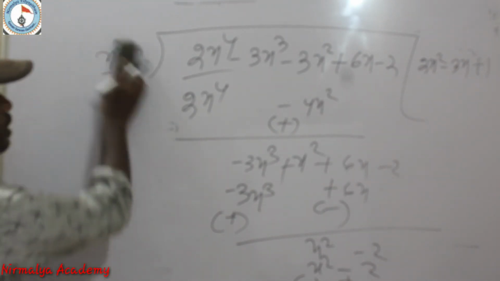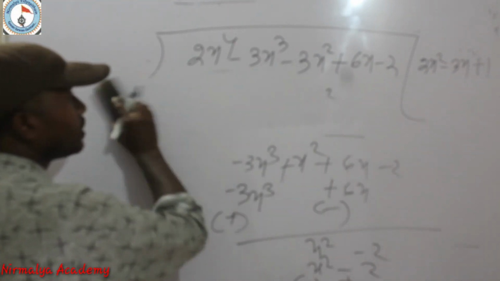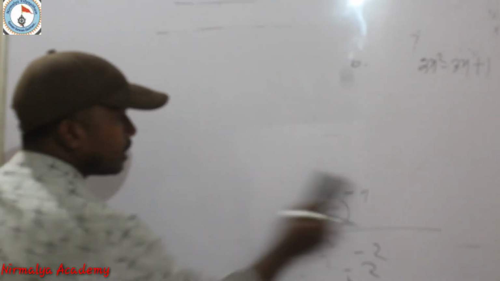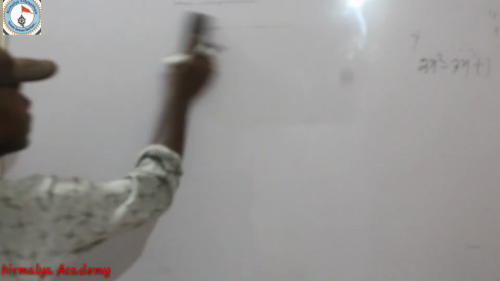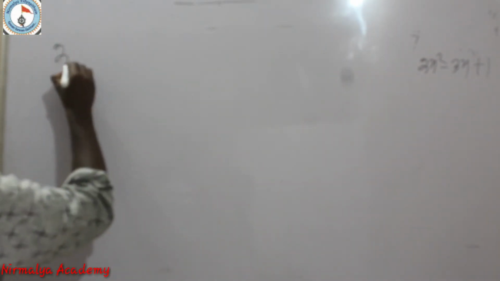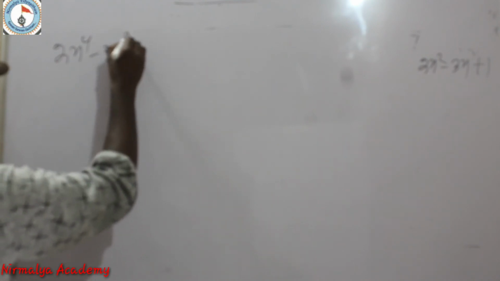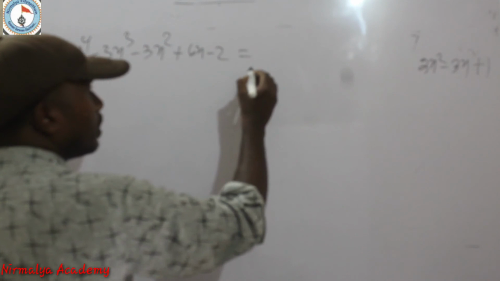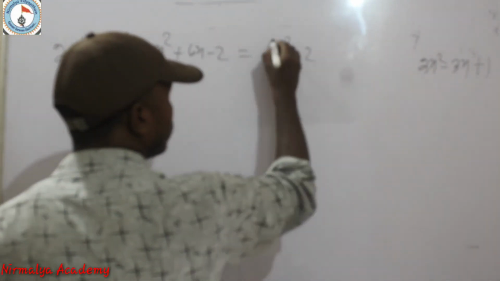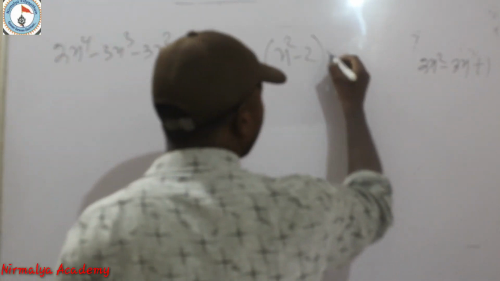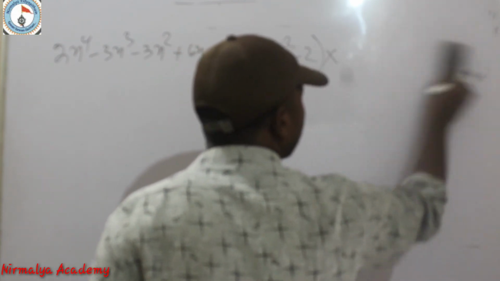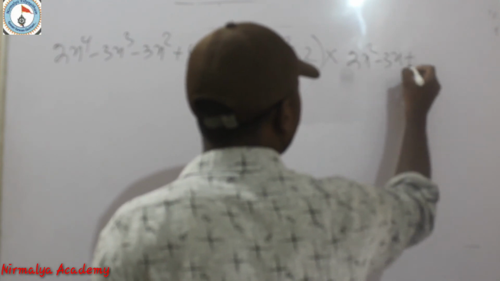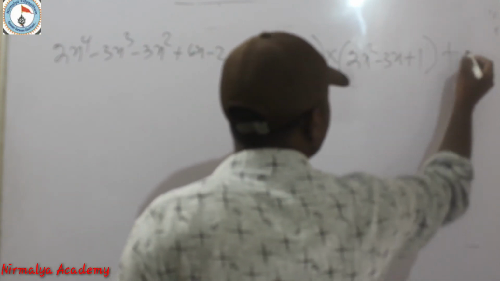So next we can write p(x) equals g(x) into q(x) plus r(x). That is, 2x to the power 4 minus 3x to the power 3 minus 3x square plus 6x minus 2 equals x square minus 2, this is our g(x), into q(x), that is 2x square minus 3x plus 1, plus r(x), that is 0.